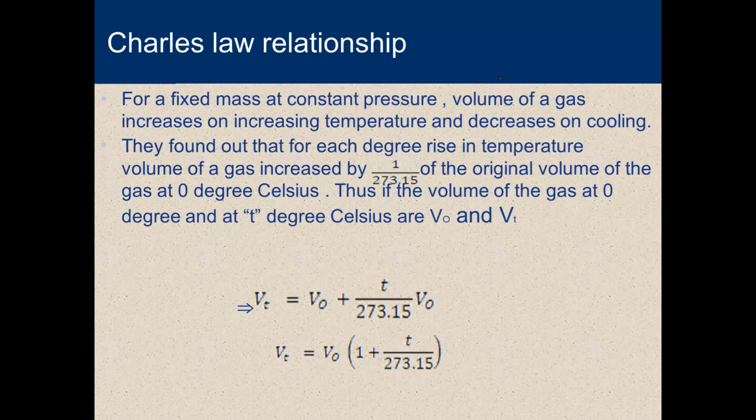So we can take V naught common, and then in the bracket we will be left with 1 plus t upon 273.15. Now we can take the LCM, which will be 273.15.